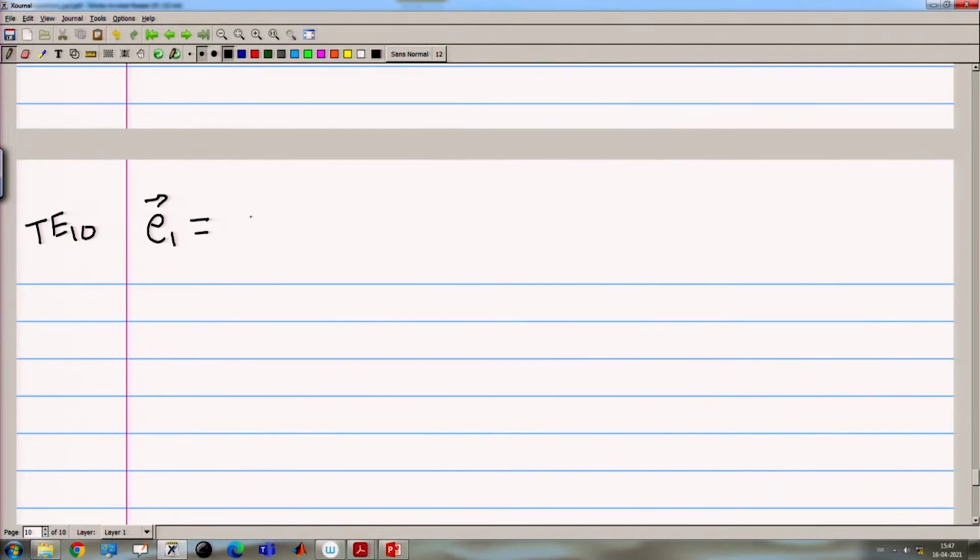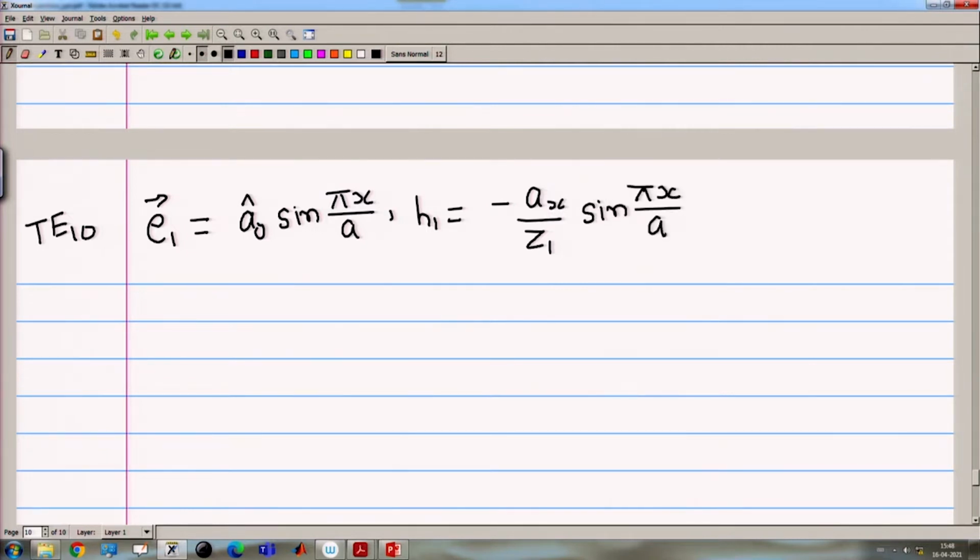E1 will be a_y sine of pi x by a, and H1 will be minus a_x upon Z1 sine of pi x upon a.